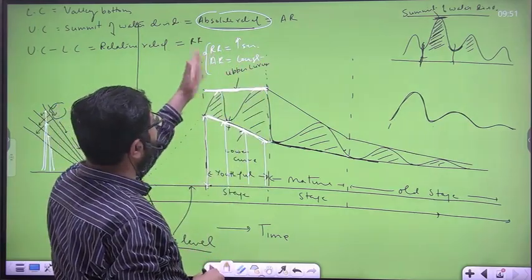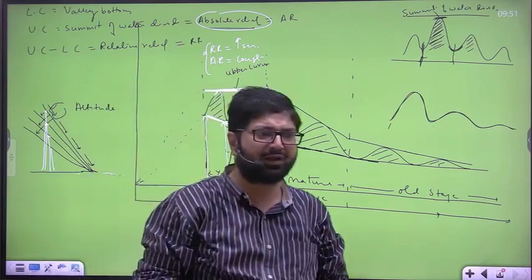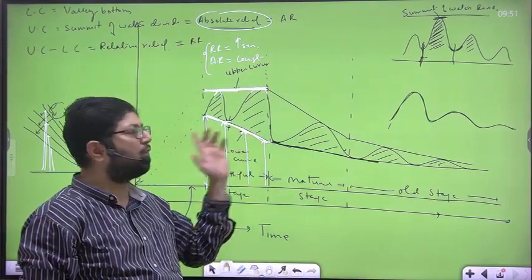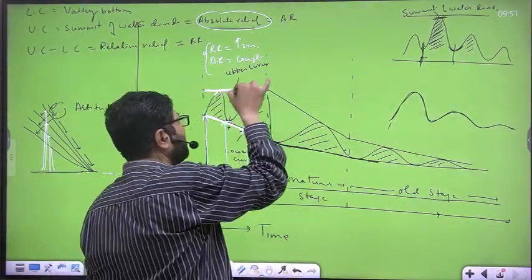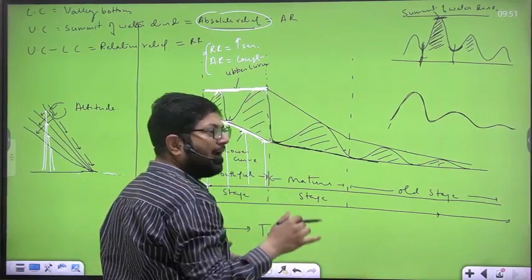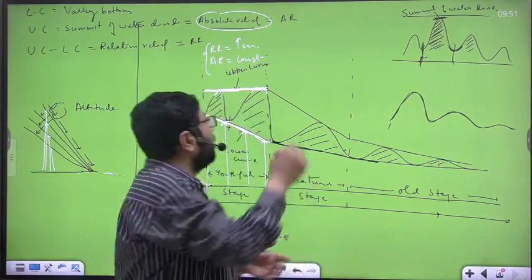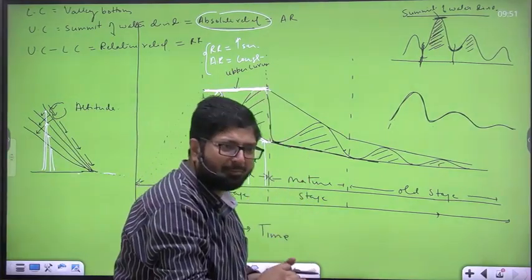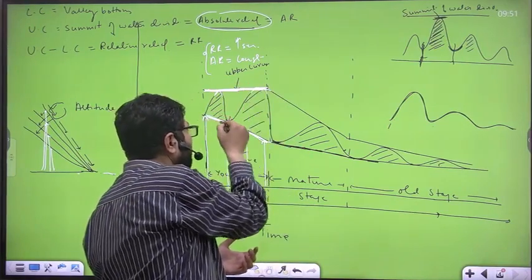Examiner is interested in knowing this only. What is happening? Relative relief is maximum at the end of youthful stage, because by the end of youthful stage, absolute relief, summits do not undergo weathering. Why? Youthful stage has been defined in such a way. Once the summits start weathering, we will say mature stage has begun. Summits absolute relief remains constant. Valley bottom is lowering.